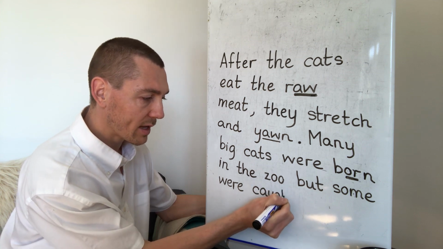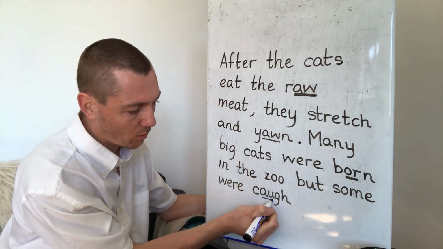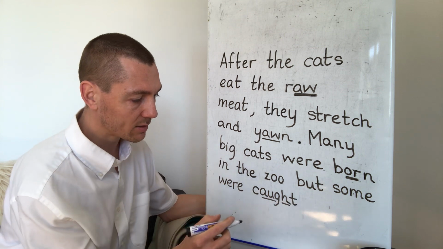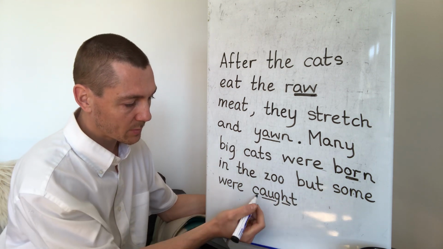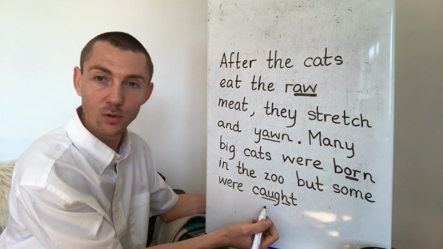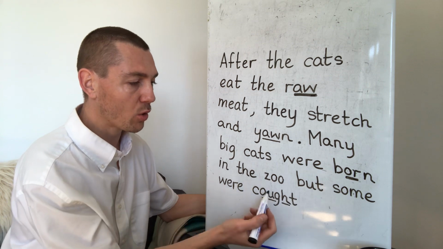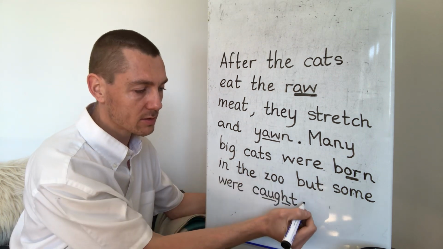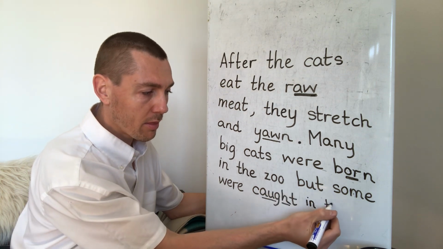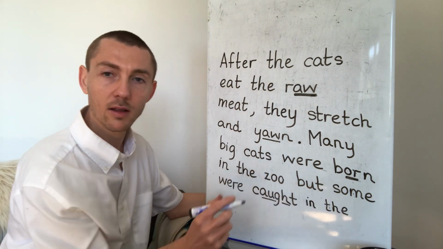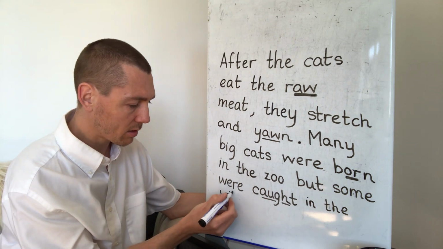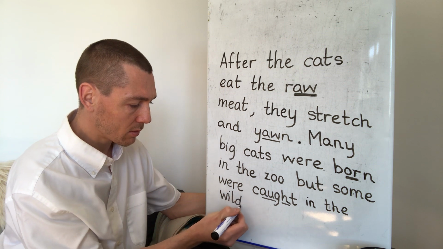Now, who remembered the A-U-G-H spelling of or in caught? Good work. Don't worry if you didn't. We can check that now and change it. Just make sure you've got k, or, t, A-U-G-H for the or sound. But some were caught in the wild. In the wild. W, I, U, wild.